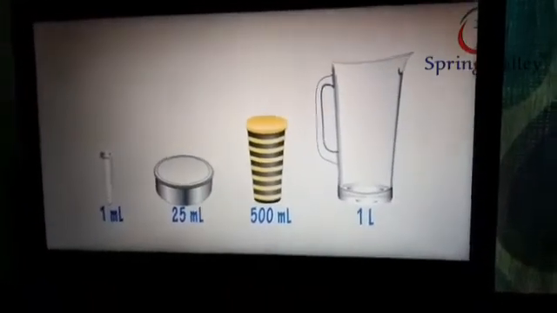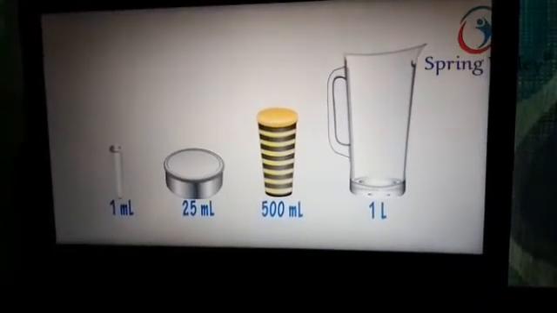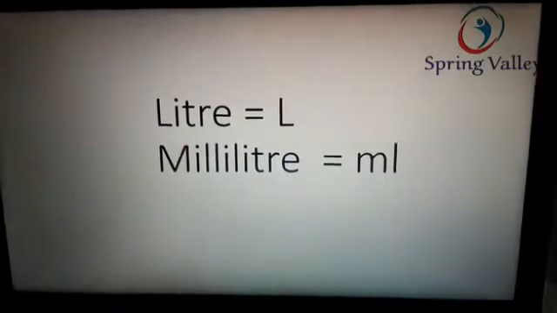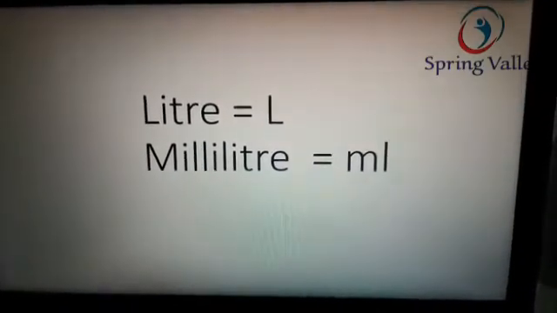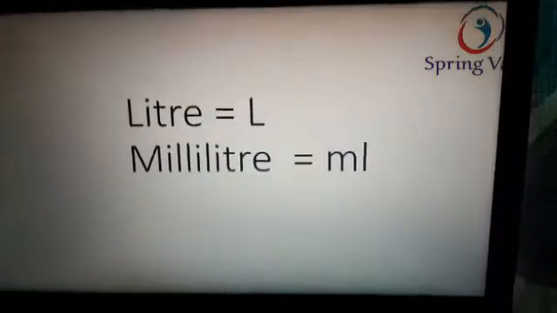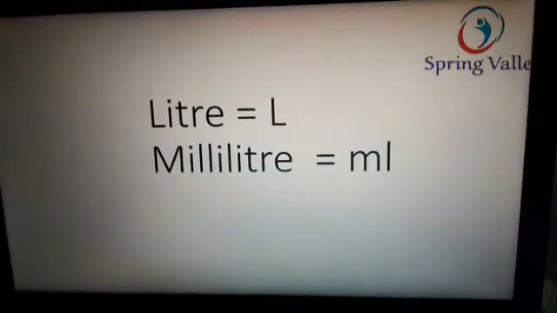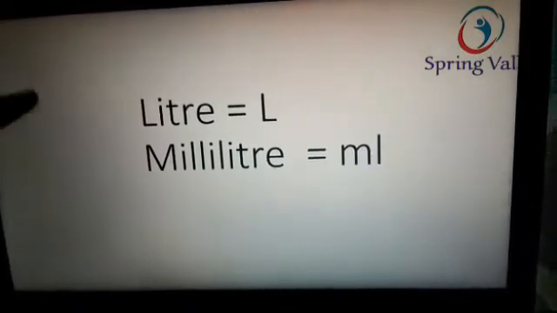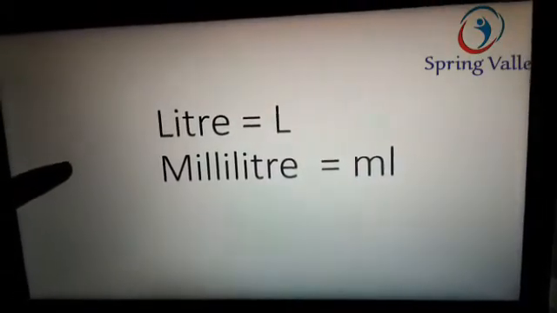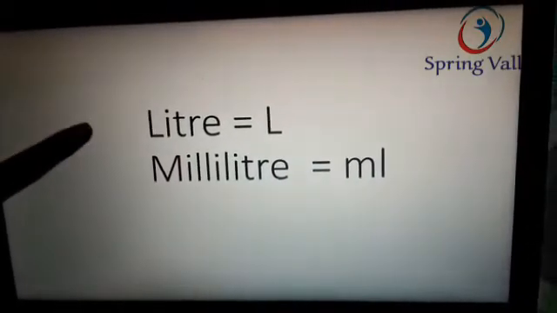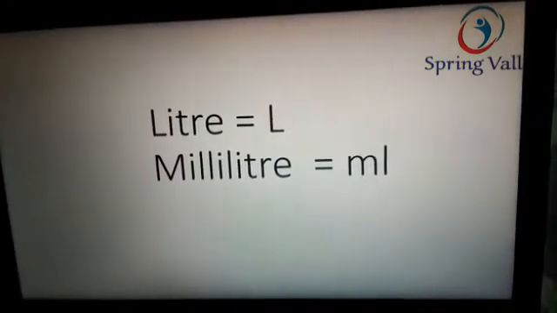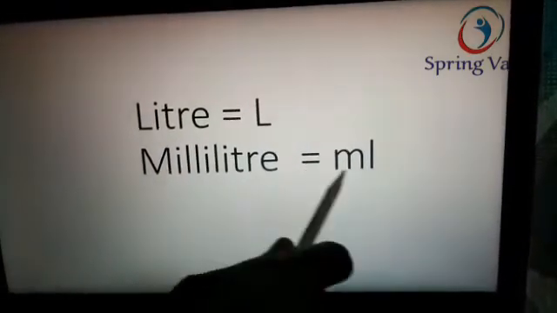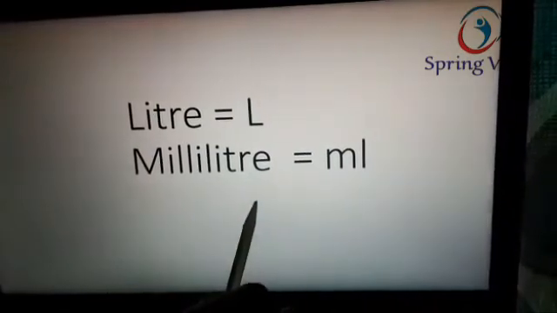So, how will we measure the capacity of liquids? Liters and milliliters are used for measuring capacity. Okay, children, liters and milliliters are used for measuring capacity. For a large amount of liquid we use liters. For a small amount of liquid we use milliliters.